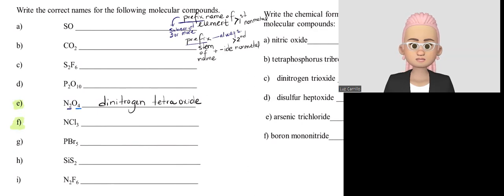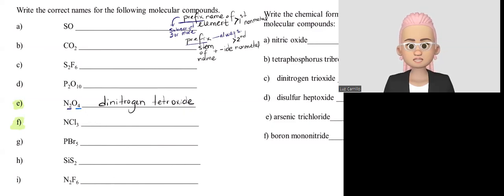Now, I mentioned a special rule when the subscript for oxygen is 1, in which case it is called mono, or from 4 through 10. In this case, we have 4, so remember that the A in tetra goes away, and the word oxide becomes one word with the prefix. So the name of this compound is dinitrogen tetroxide.